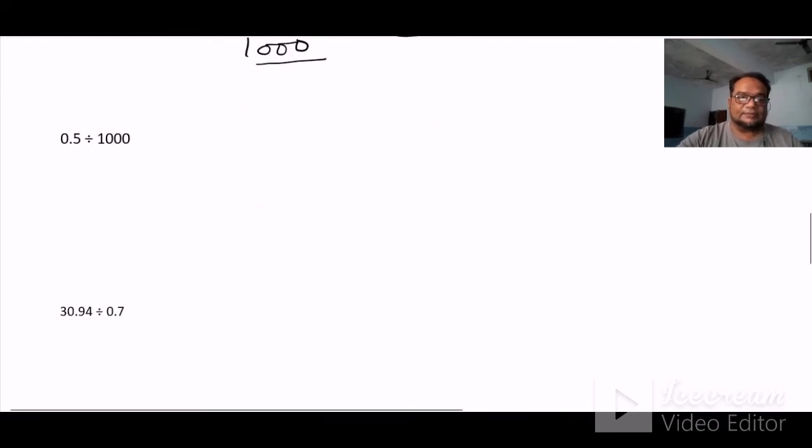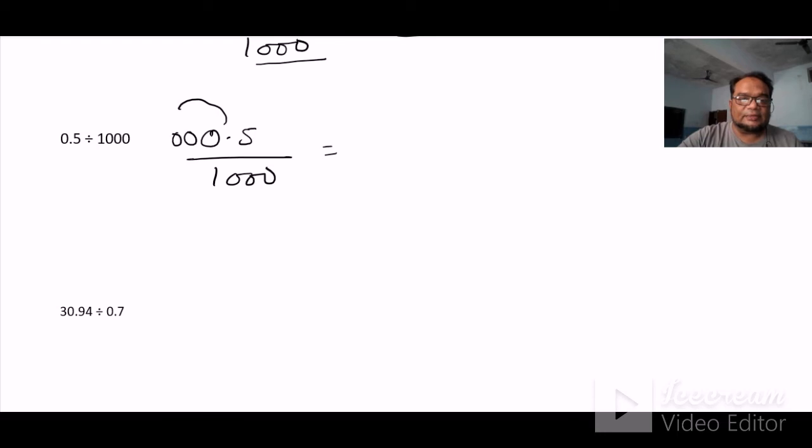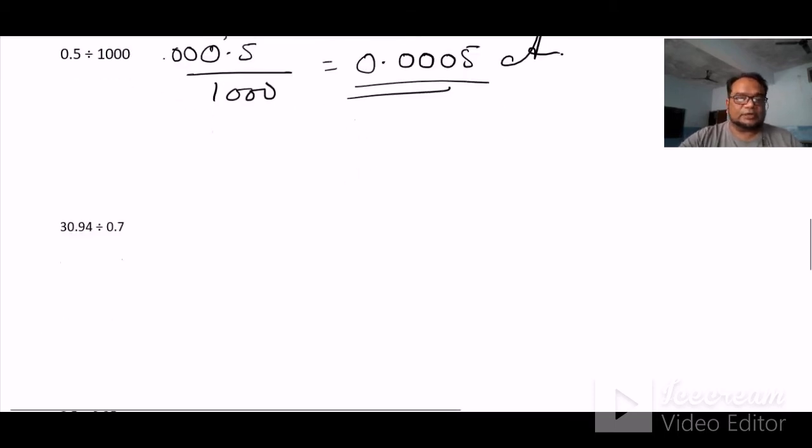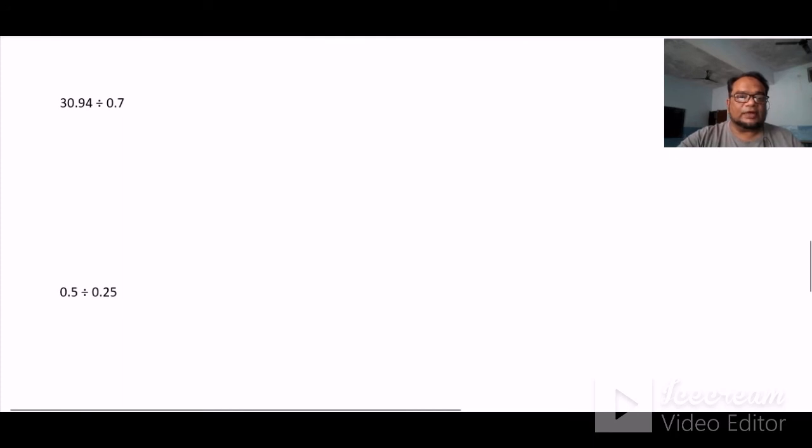In the same way, 0.5 is divided by 1000. So this decimal is shifted 3 digits to the left hand side. So the answer becomes 0.0005. Hope you understand.